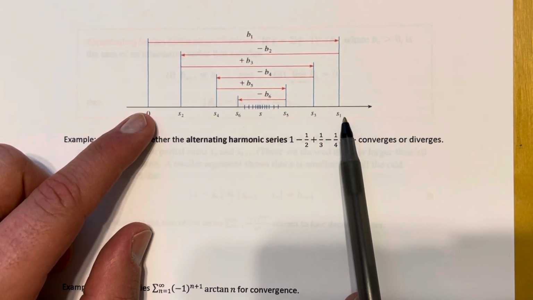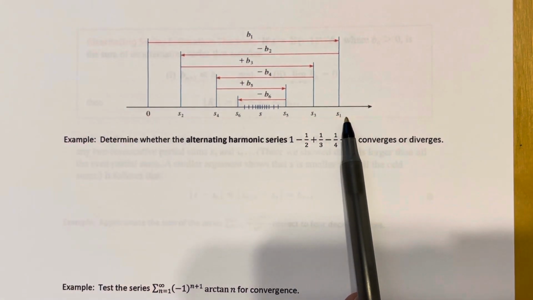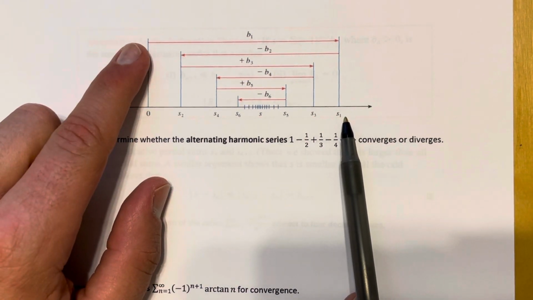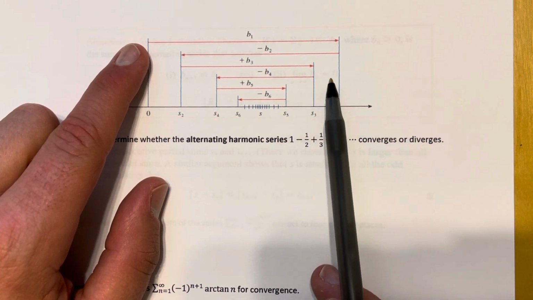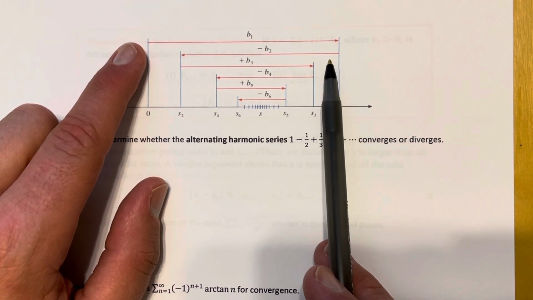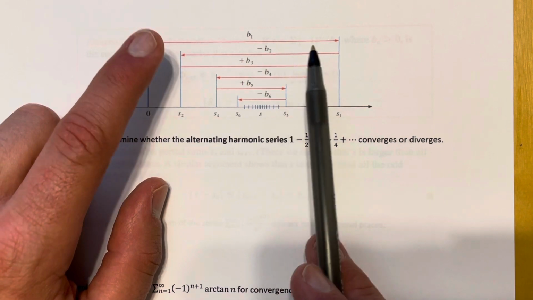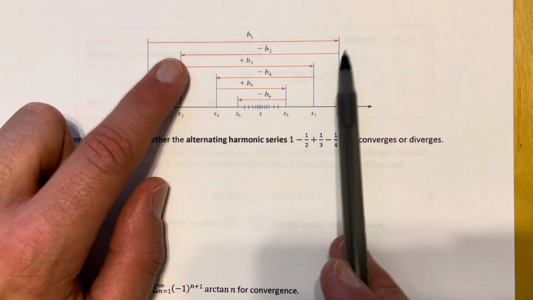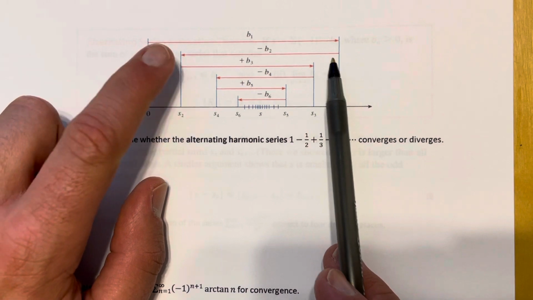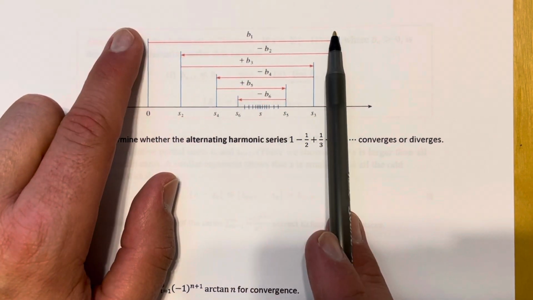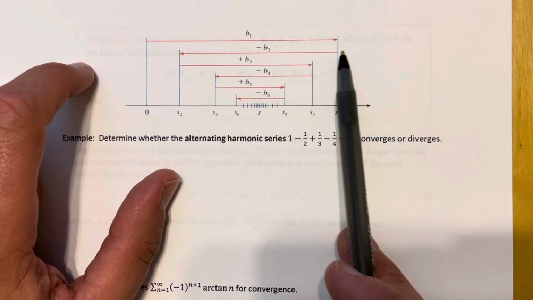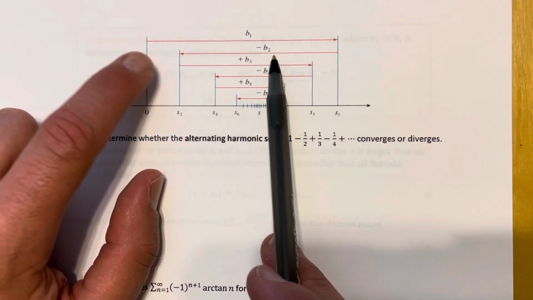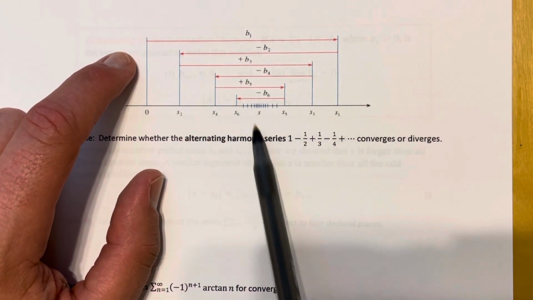And then I know that the next thing that's going to happen, because I'm talking about an alternating series, is I'm going to subtract a non-negative number. So I'm subtracting b2. Now one of the conditions of our alternating series test said that b2 has to be smaller than b1. So by subtracting it, I'm moving to the left on this number line, but not far enough to get back to b1 again, because it's going to be a smaller distance.